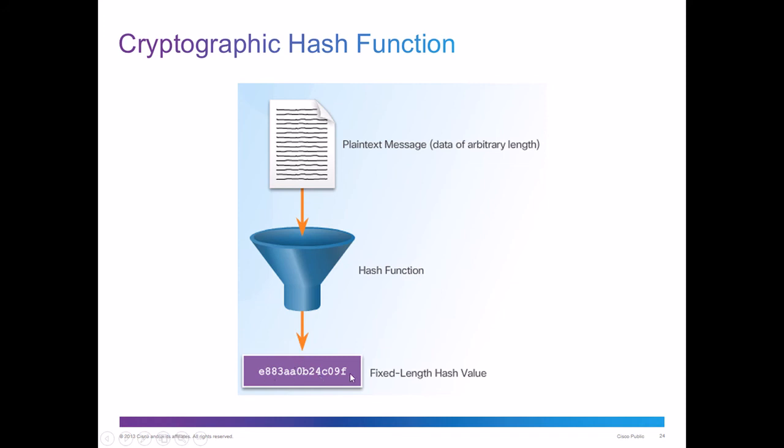Fixed length meaning, let's say that this is a 16-bit number. No matter how big the data is or how small the data is, when it goes through the hash, you'll get a 16-bit number. Now, this number is unique to the data. It's almost a 1 in a billion chance that two different pieces of data will have the same hash.